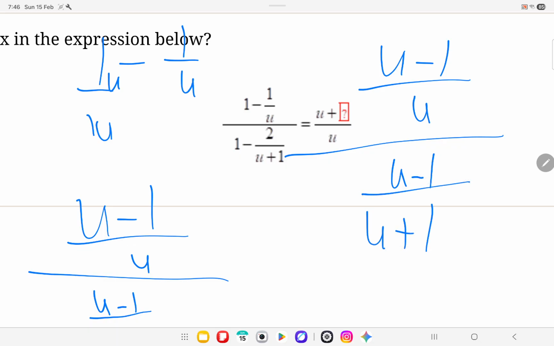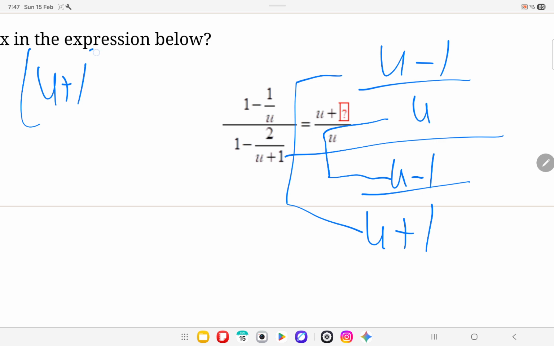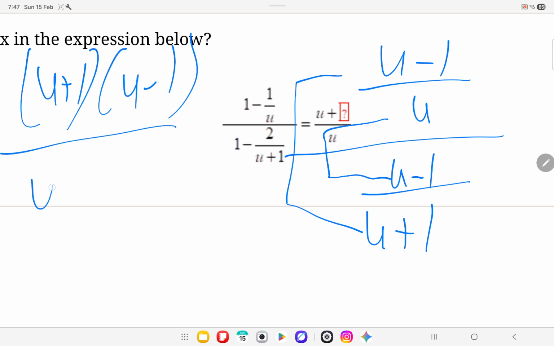Okay, now it's correct. We do farthest times farthest and closest times closest. So u plus 1 times u minus 1 over u times u minus 1. We can cancel u minus 1 and u minus 1.